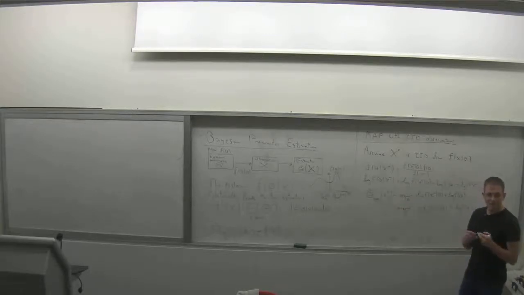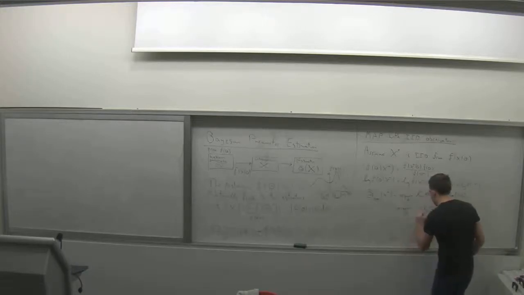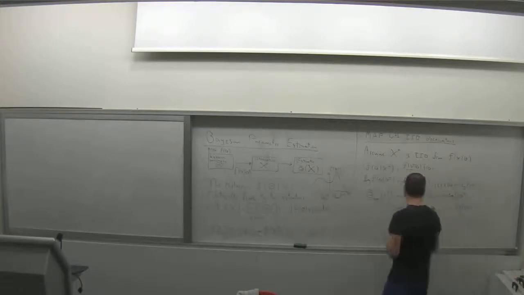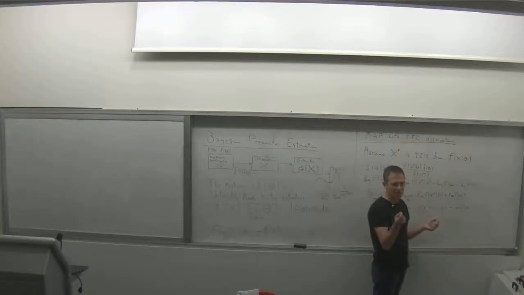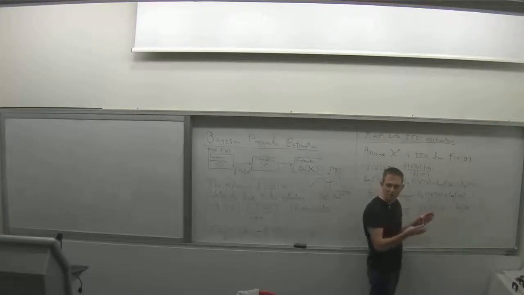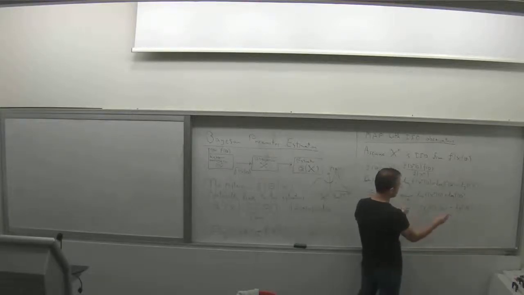This prior term remains the same, and here the sum keeps growing, right? So it should be clear that as you get more observations, this thing will grow and will overcome the prior.